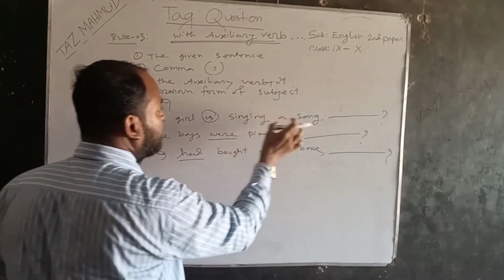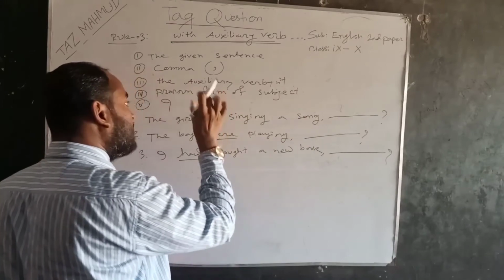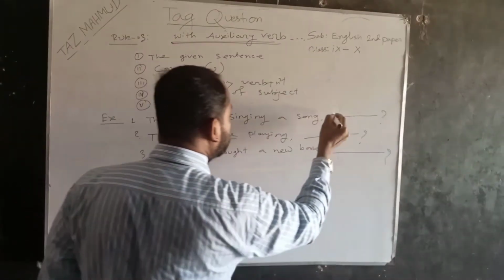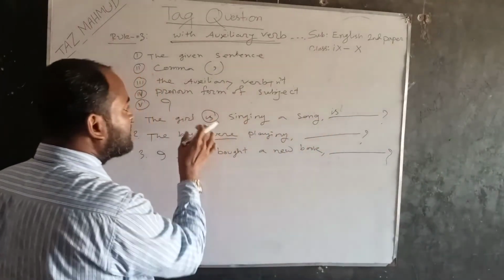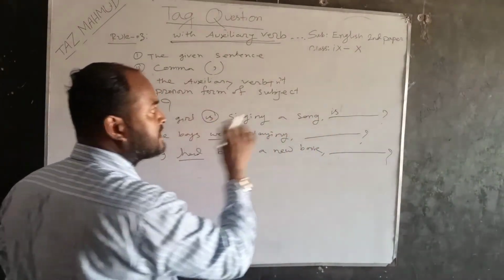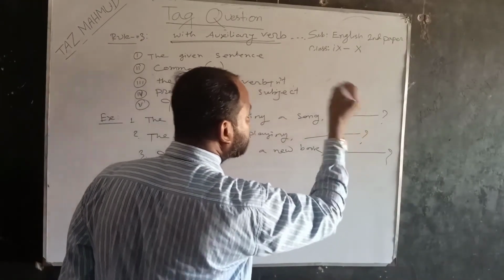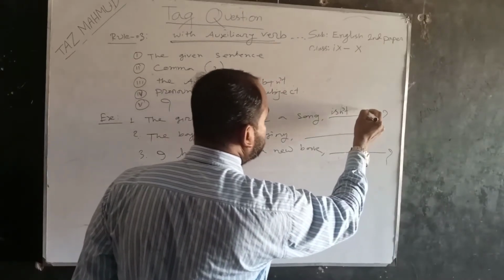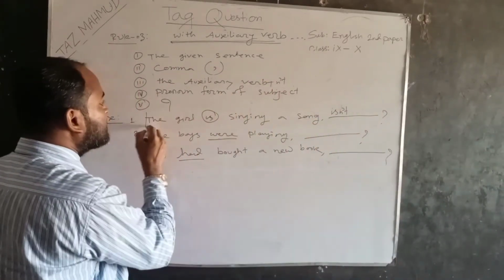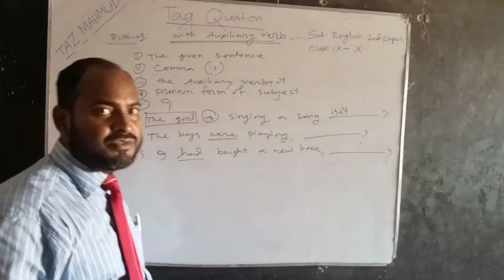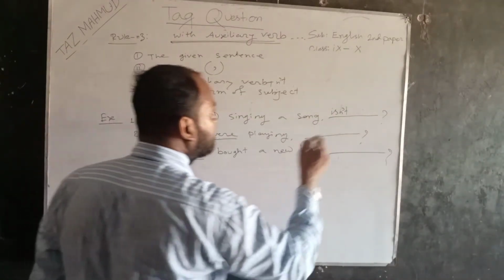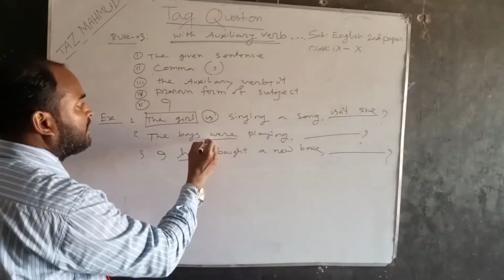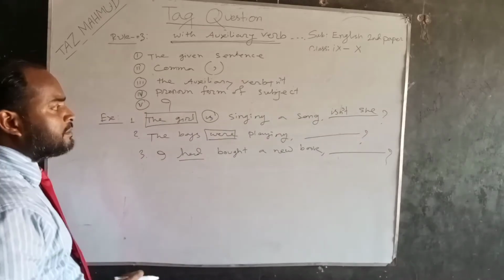Then first we have to write the given sentence, and then the auxiliary verb that is mentioned in the sentence. That auxiliary verb is. As it is an affirmative sentence, we have to write not, and then the pronoun form of the subject. The girl, as the subject is female, we have to write she. The boys were playing.